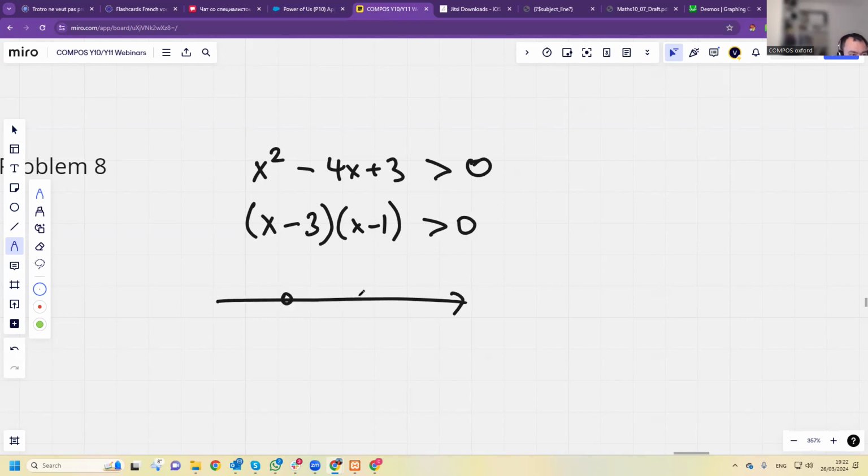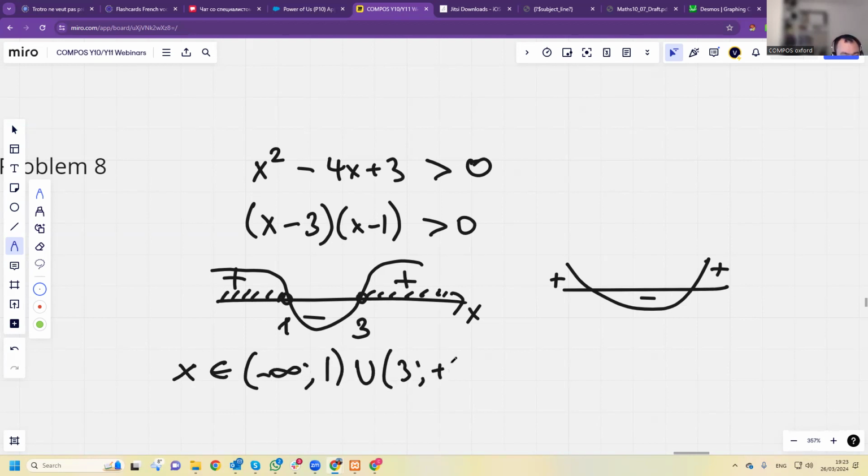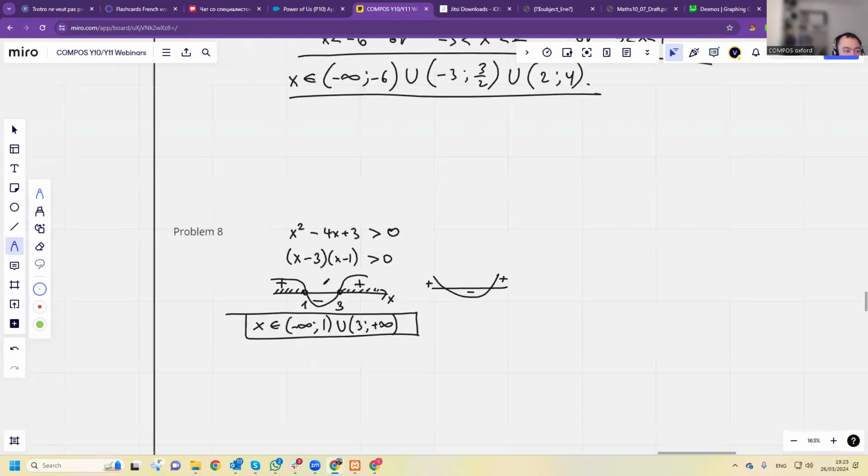Critical points 1 and 3. We test a big number, so let's say x is 100. 100 makes it positive. So positive, negative, positive, just like a parabola. So we draw that, and we need the positive intervals. So x belongs to any number from minus infinity to 1, or from 3 to plus infinity. Voila. You see how easy it is to solve inequalities using that method.